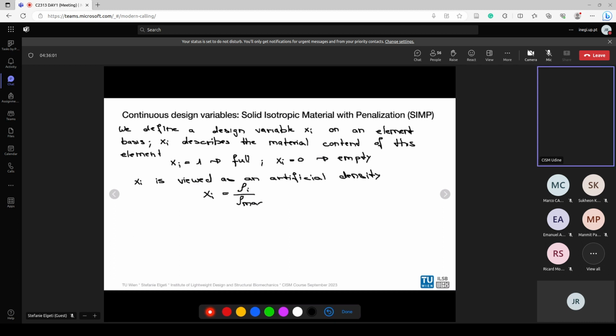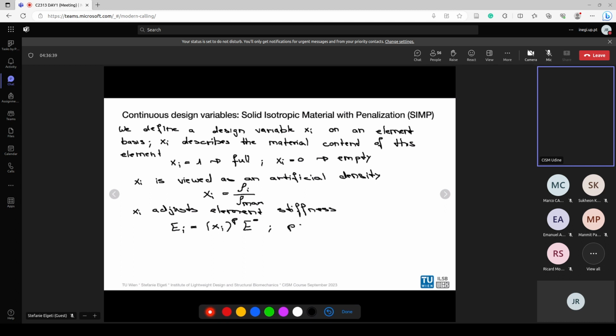And then based on this xi, the stiffness of the element is adjusted. Xi adjusts element stiffness, in the sense that the Young's modulus of this element is then computed as xi to the power of p times the Young's modulus of the full material.